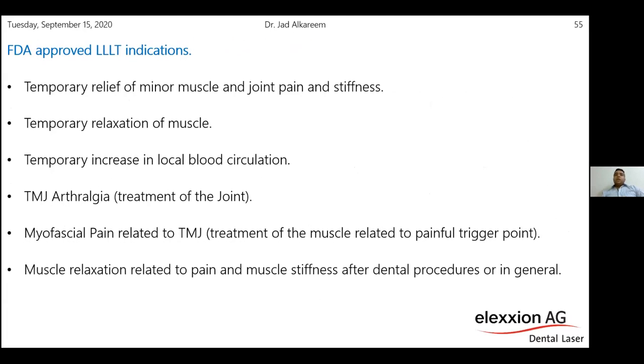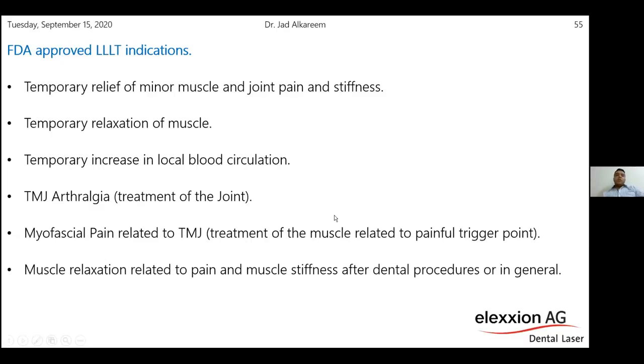You can use the low-level laser therapy for several applications, such as relieving muscle pain, and also to treat the patient who complains from TMJ pains. But first, you have to know that the low-level laser therapy will only treat the symptoms. It will not treat the reason.